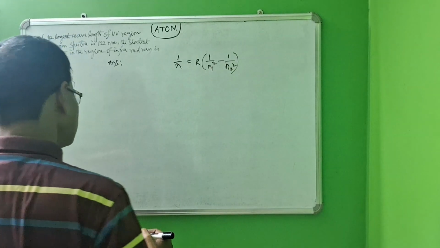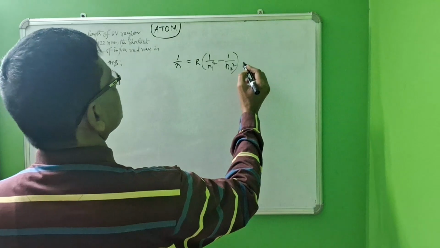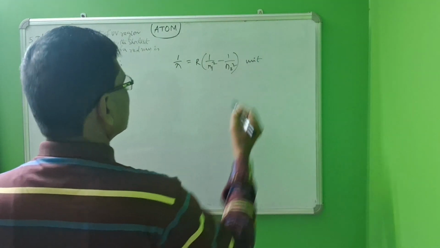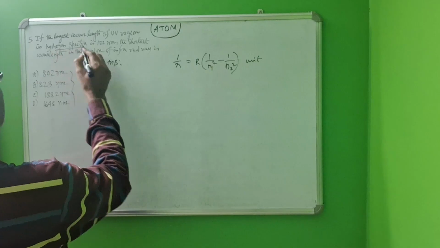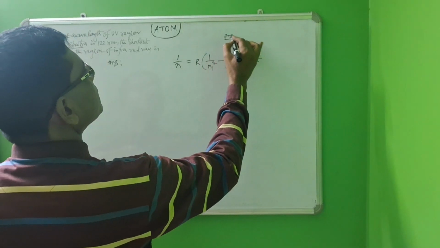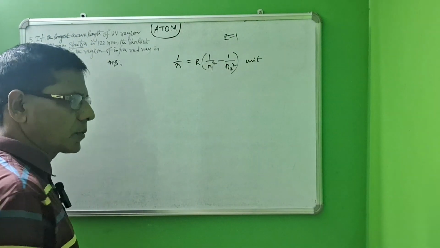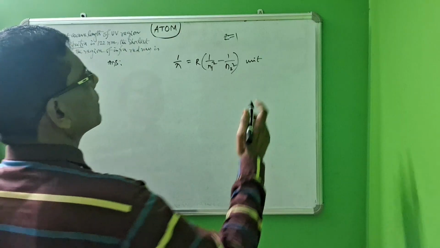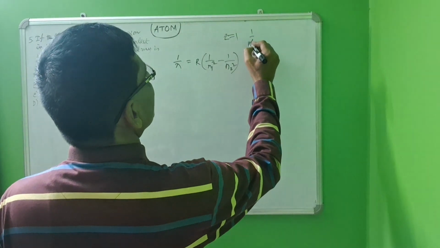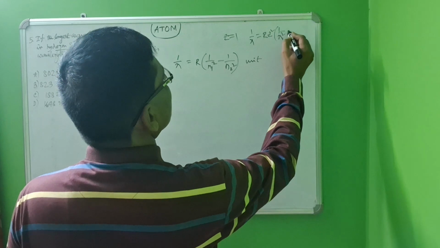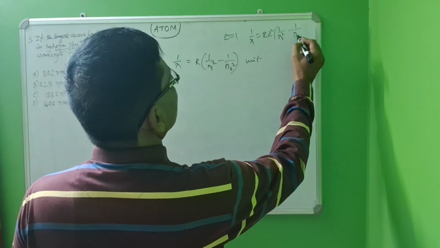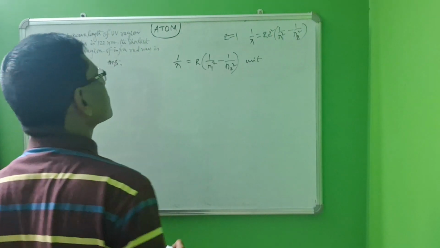Because this is for hydrogen spectra, z equals 1. In the previous problem we had the relation 1 by lambda equals r z square times 1 by n1 square minus 1 by n2 square.